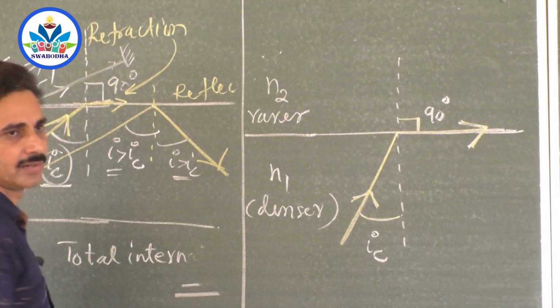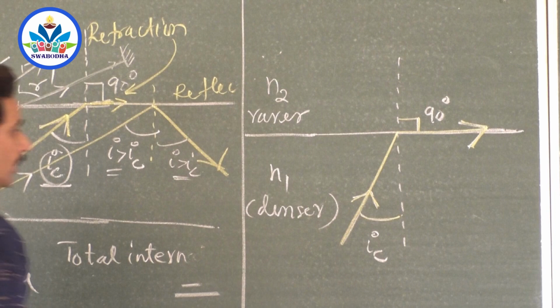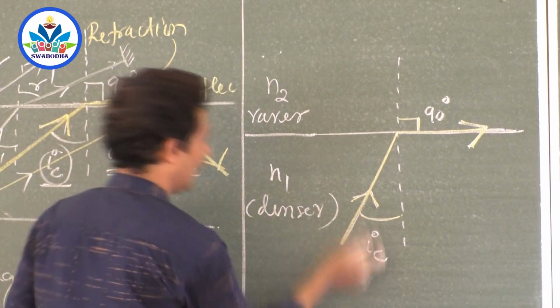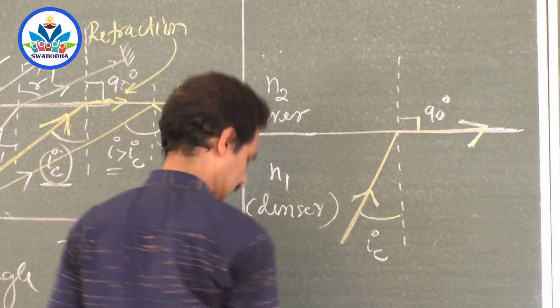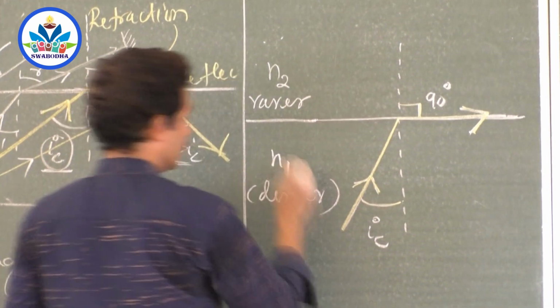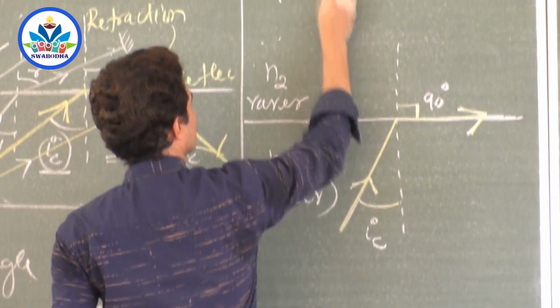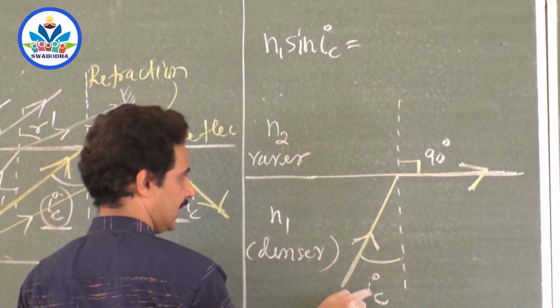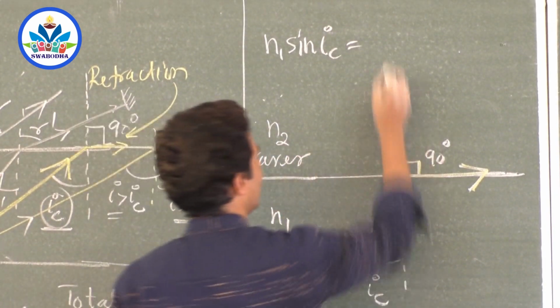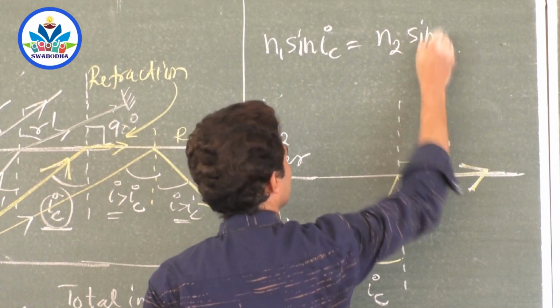Apply the general law of refraction. You know that in the general law, refractive index into sine of the angle, refractive index into sine of the angle, must be equal. So N1 sine IC must be equal to N2 sine 90. You remember this, right?